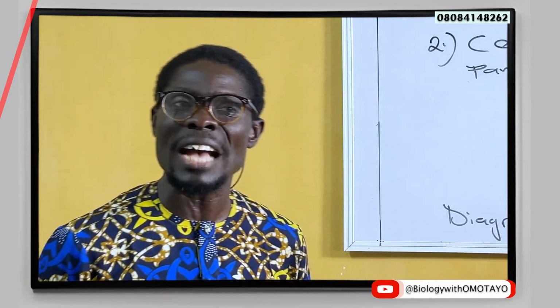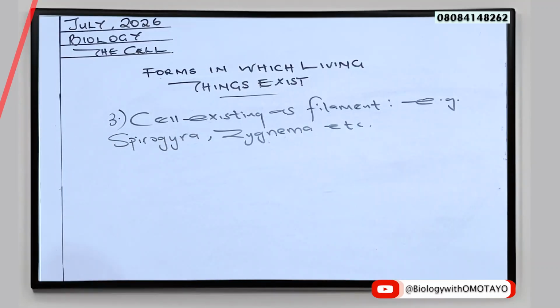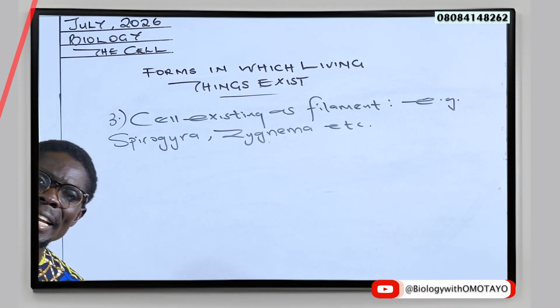Cells can also exist in the form of filaments when you have similar cells that are joined end to end. Come along with me. Under cells existing as filaments, just as I said earlier, we equally do have cells coming together, outlined and joined end to end to form unbranched filaments.